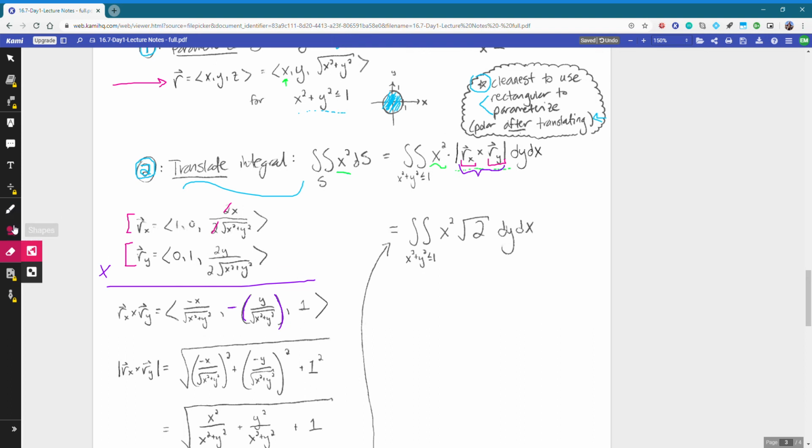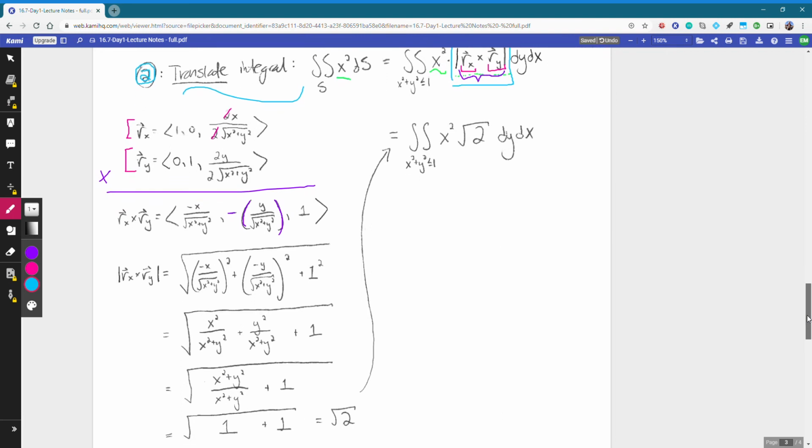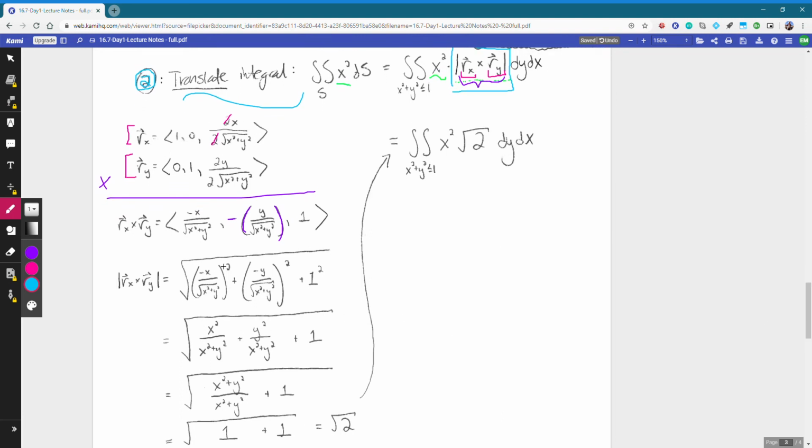And once we have our lovely cross product, we can go ahead and take its size, just like we would the size of any other vector. So we have our generalized Pythagorean theorem, adding up the squares of our components under the big square root. And so here we get some nice cancellation. The square does distribute nicely to the numerator and denominator in both of these, since exponents do distribute nicely over multiplication and division.